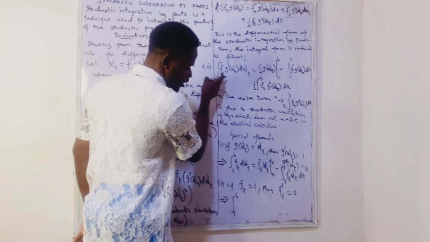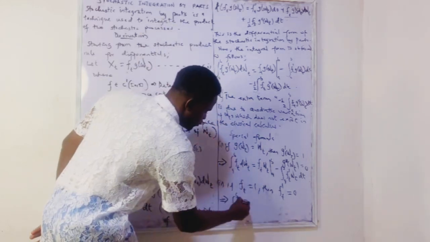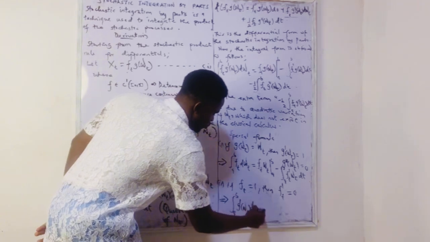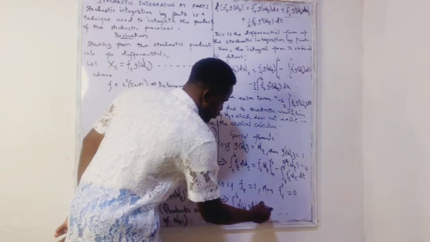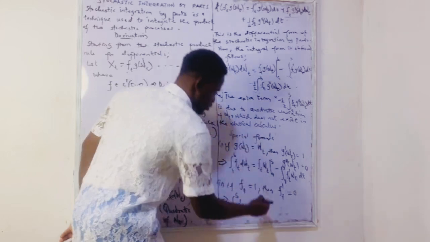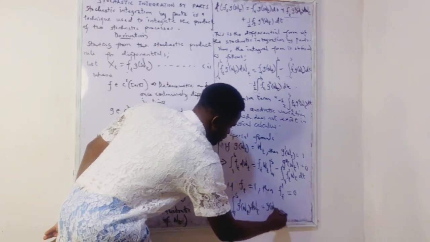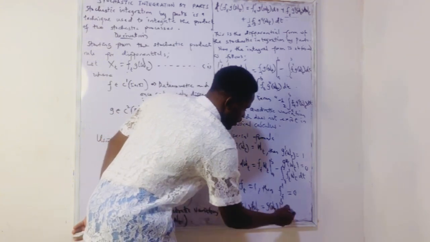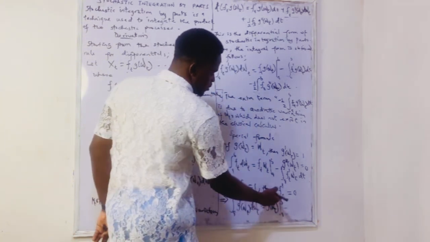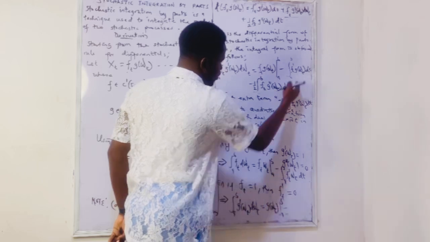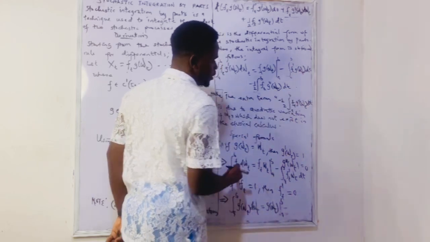Our f_t now is 1, so we are left with g' of w_t dw_t equals our f_t is 1, so we are left with g of w_t ranging from a to b, the limit, then minus, we observe that f' of t is equal to 0, so this second term will be 0.